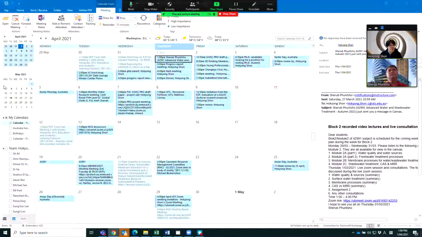Also, regarding your assignment, the assignment was due on Monday, just 4 days ago. But still, some students request an extension of the due date. If possible, submit as soon as possible, because to be fair on all the due dates of the assignment, it's better that you submit as soon as possible.